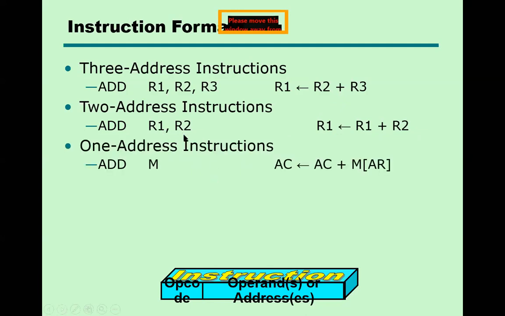The same addition operation you can even perform using only one address. So here: add M. M is a memory location. M is pointing to a memory location. As I told you, if there is only one address reference, then whatever value M is pointing to, for example 10, this 10 will be added with the accumulator.